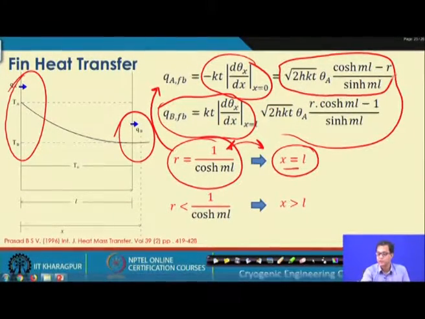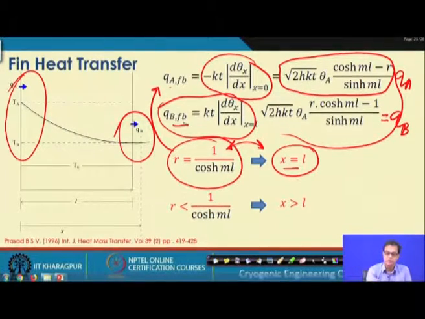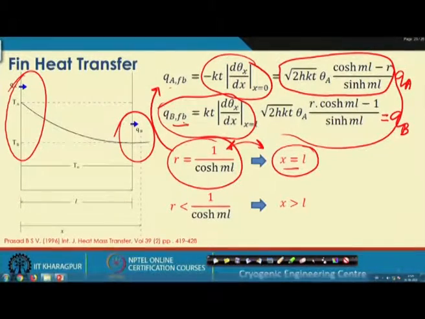And you see again here Q A is equal to Q A fin base, and Q B is equal to Q B fin base. So here also we do not find any difference between the fin base heat transfer and the heat transfer from the fin length calculation.